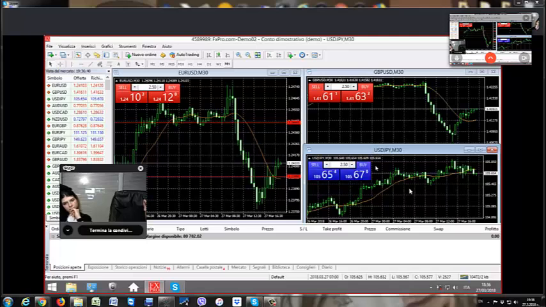But it's not so easy to manipulate the market on dollar yen. So if dollar yen moves up, we perfectly know that the euro dollar moves down.